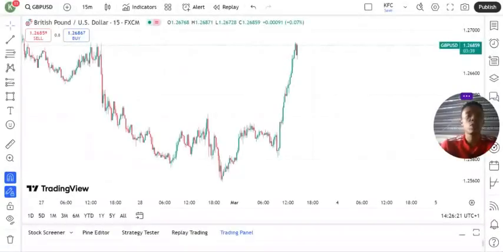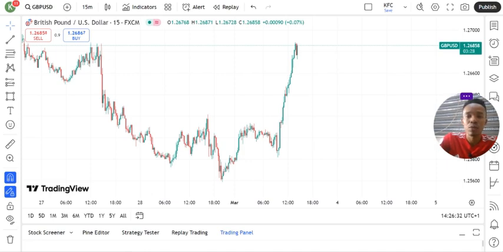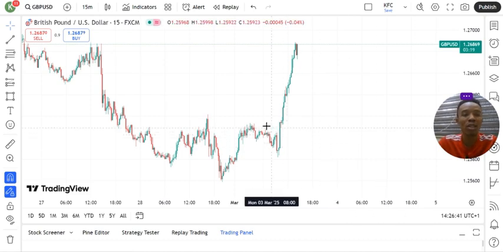What you need to know is that backtesting on TradingView is usually connected to the monetization of your TradingView account. So if your TradingView account is not monetized, you may not be able to get through with the backtesting on lower time frames.